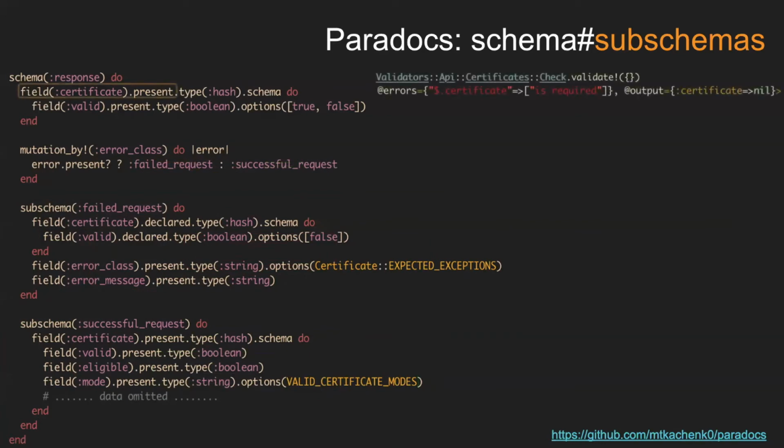Here, I prepared some code which says how it works. For this class, I call validate method and pass as argument an empty hash. It is empty, that's why we get errors object with field that certificate is required.